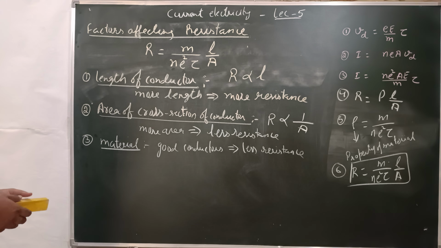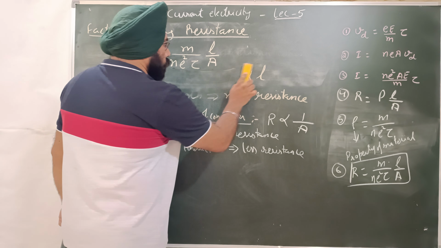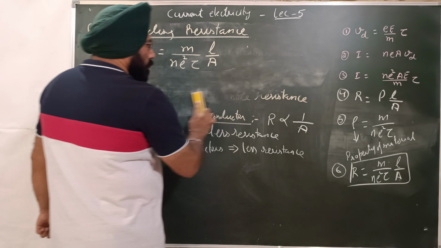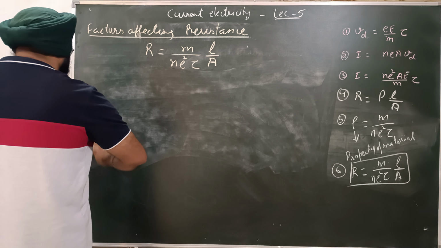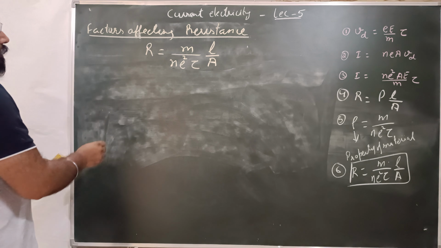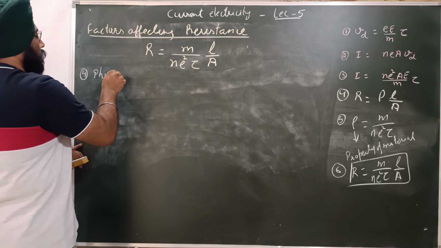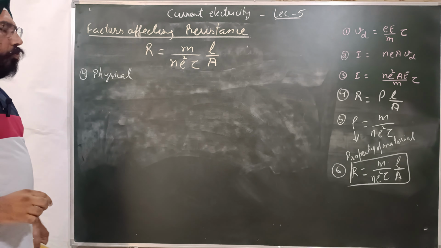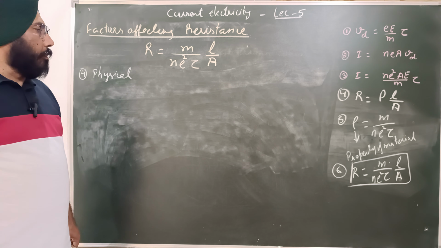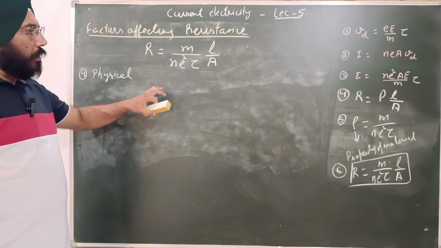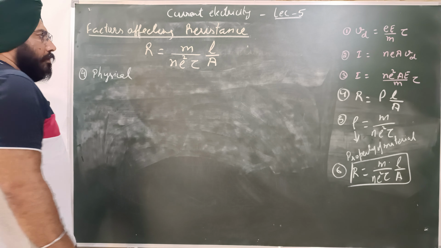Now the fourth factor, one of the very important factors that I need to discuss, is the physical conditions. While talking about Ohm's law, we said that the current through a conductor is directly proportional to the applied potential difference across its terminals, provided the temperature or other physical conditions remain constant.